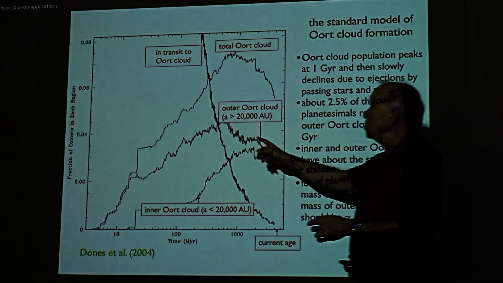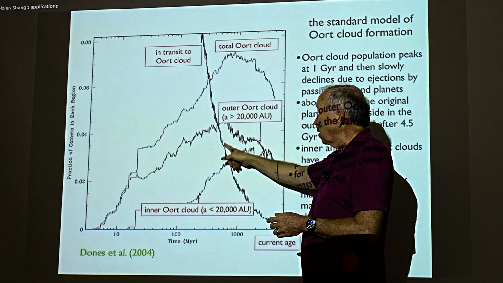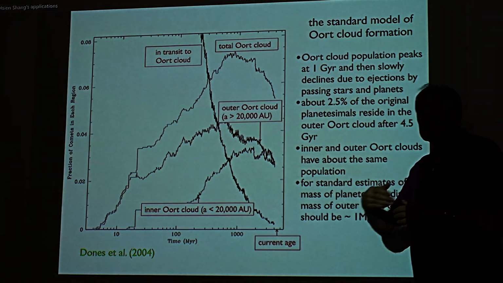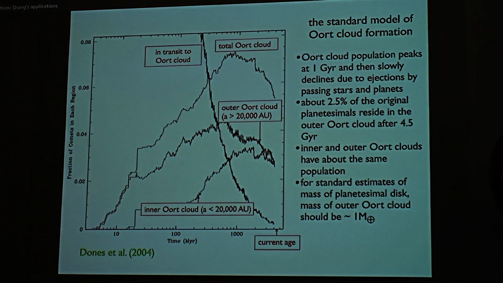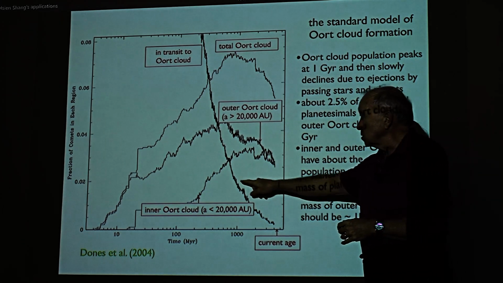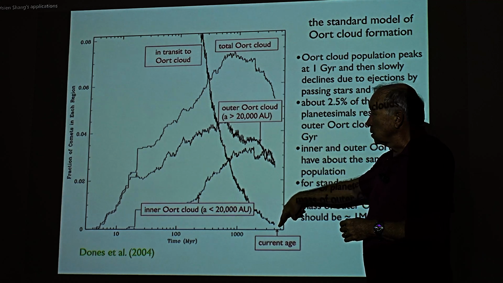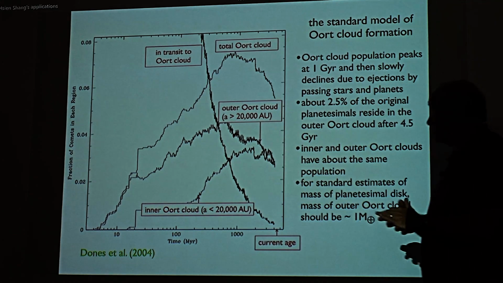The line here is the population of comets that are in transit to the Oort cloud through this random walk caused by interactions with the planets, and that population is still present but rapidly decreasing as time goes on.